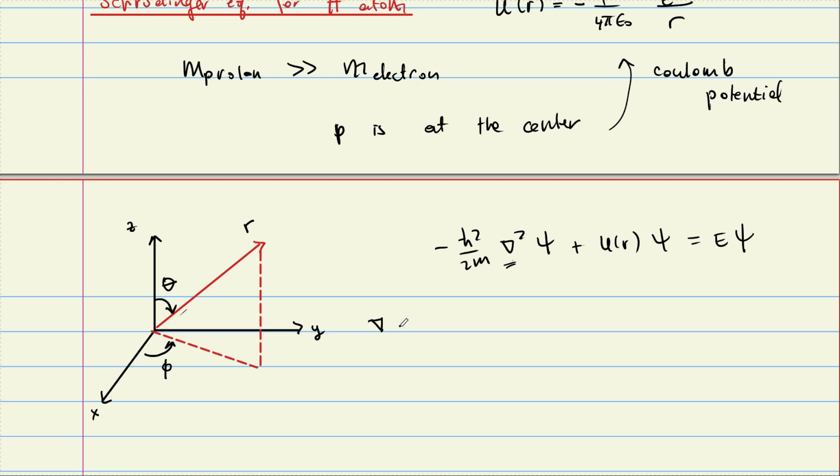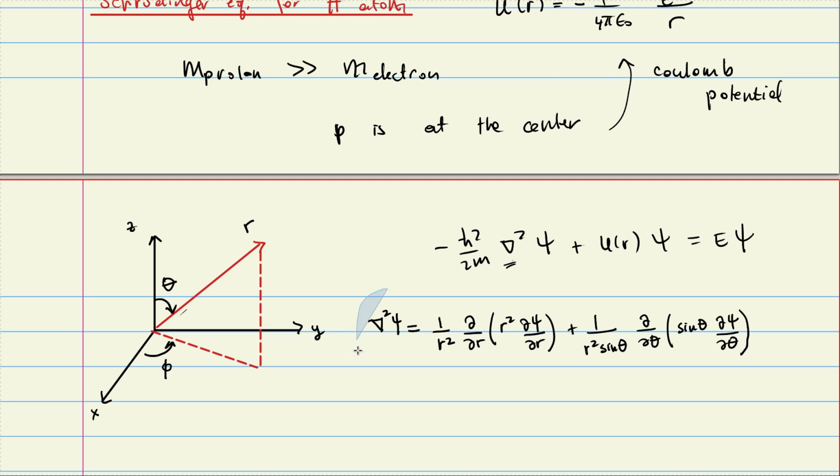Nabla in spherical coordinates, let me write nabla squared acting on psi, is something like that. This is 1 over r squared del r, r squared del psi del r, plus 1 over r squared sine theta del theta, sine theta del psi del theta.